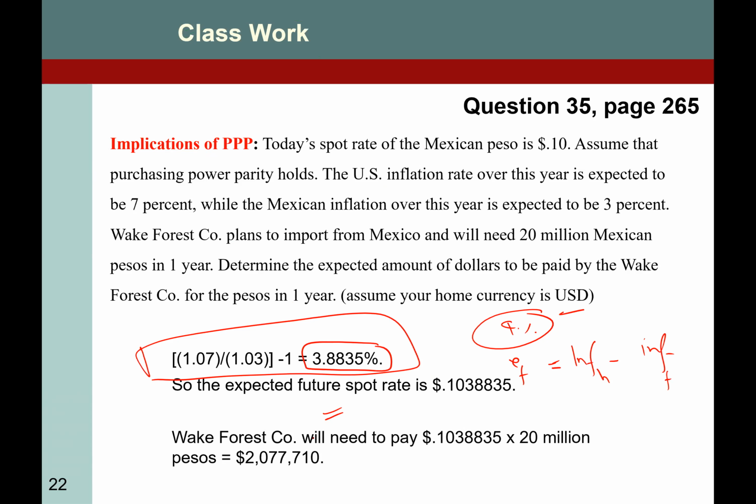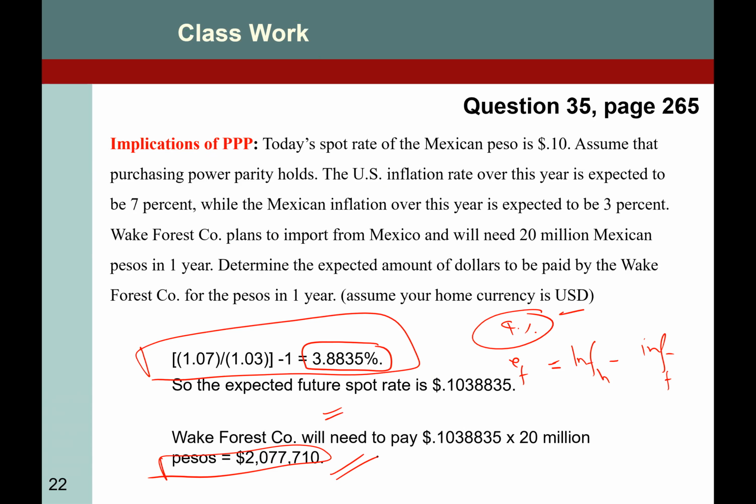So 2.08 million is also correct, and the exact amount is 2.07 billion. Right? Understand? So this is how we can predict the future.